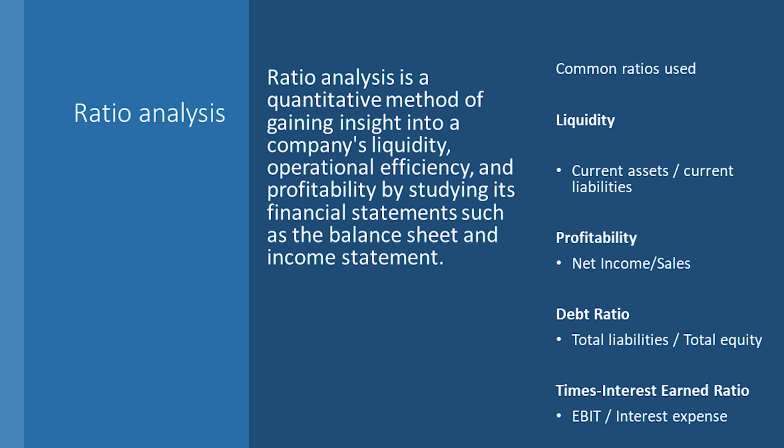Or sometimes banks will divide it by your total assets. They'll take your total liabilities, divide it by your total assets, and that gives them a sense of how much the bank actually owns of your assets. Because the higher the percentage, the more the bank owns of your business. Profitability ratio, very common. Debt ratio, very common.